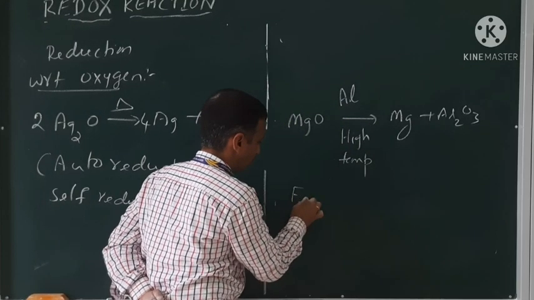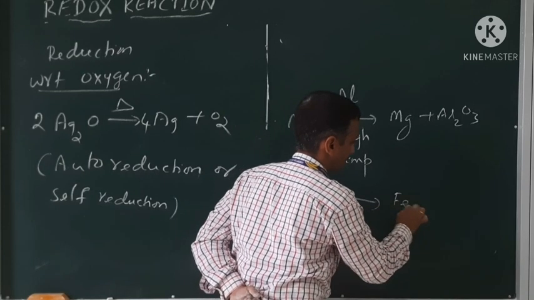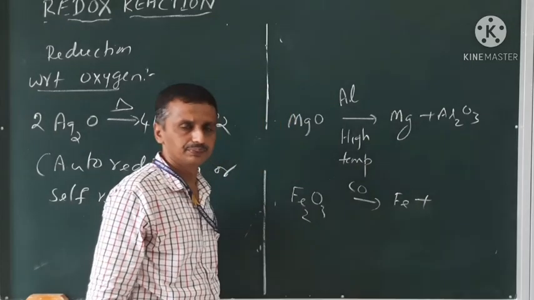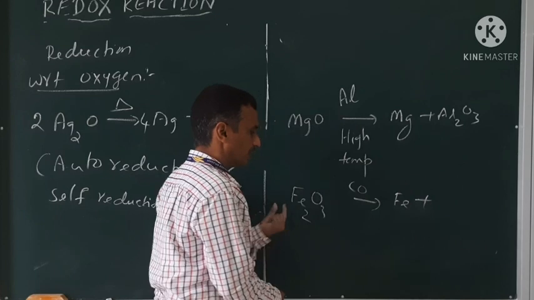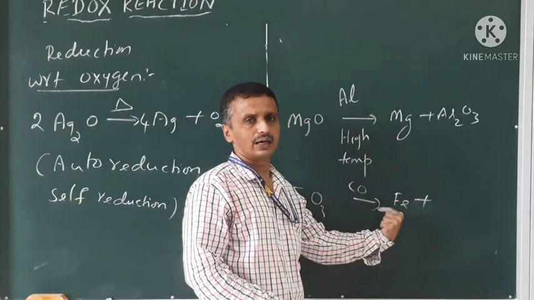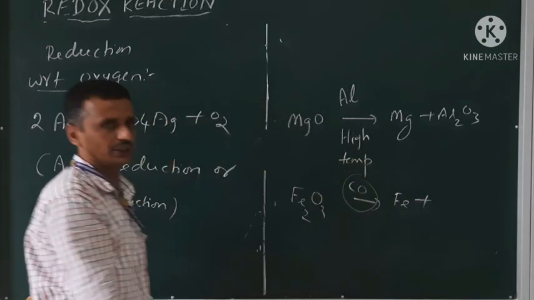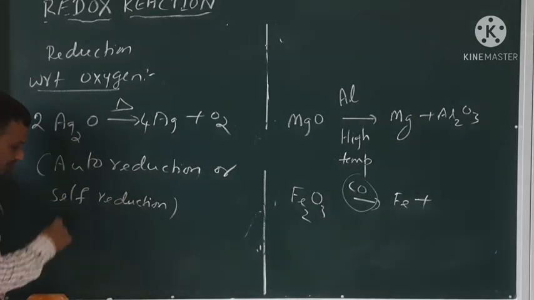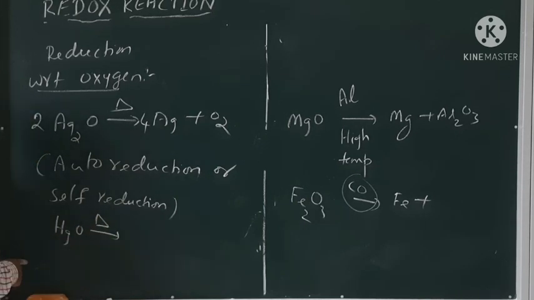Or if Fe2O3 is to be converted into Fe, I should have either carbon monoxide or coke as a reducing agent. Fe2O3 itself will not directly undergo reduction and give the iron. I need a certain reducing agent. Whereas for the reduction of Ag2O or HgO, I don't want any reducing agent.